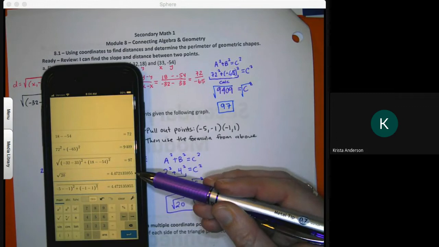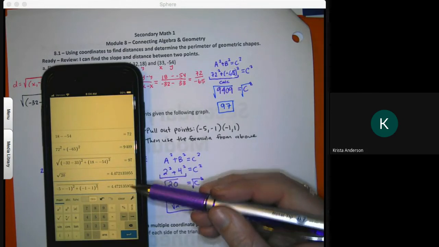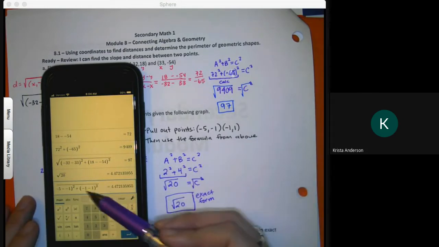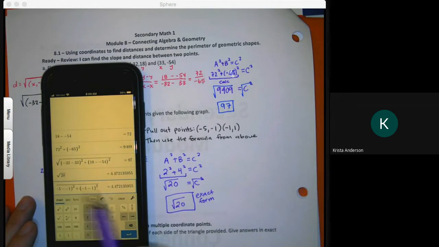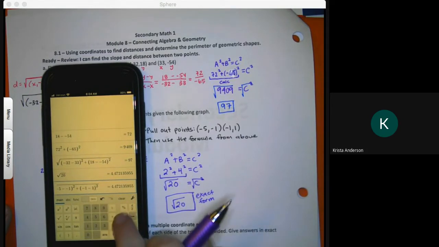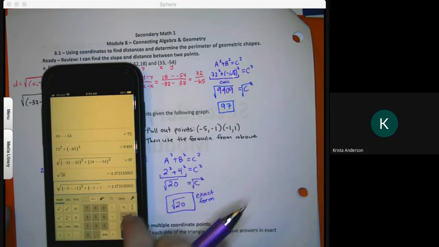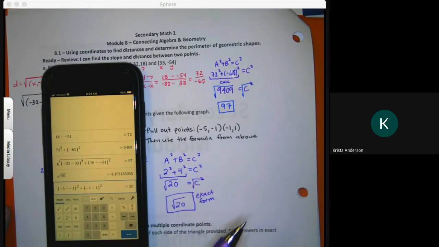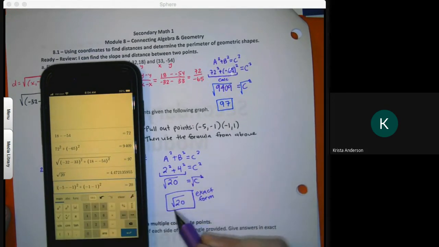Does anybody think they know what I could do to my formula so that I could find what number is in the root? Take off the root. So when I scroll through, I'm just going to go back through. I want to see what that number would be, so take it off. 20 is in my radical, so I know what the number is in there, inside.